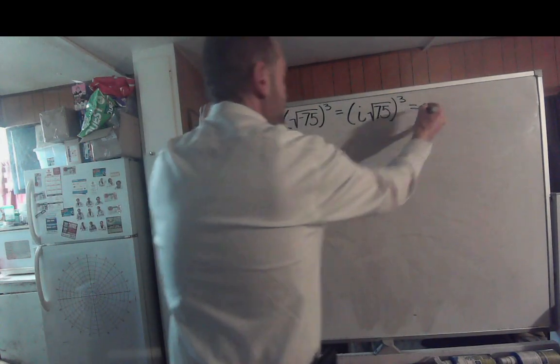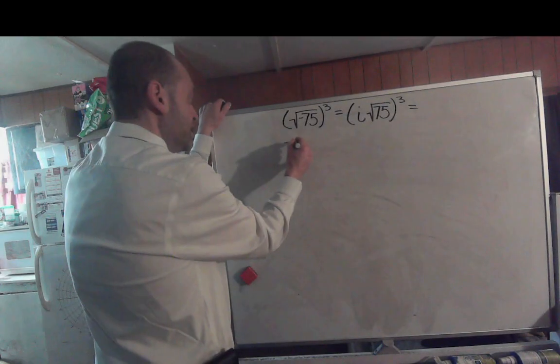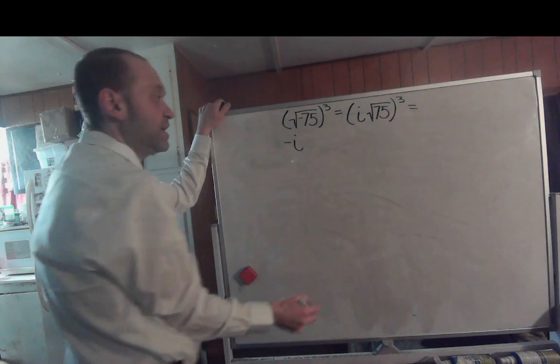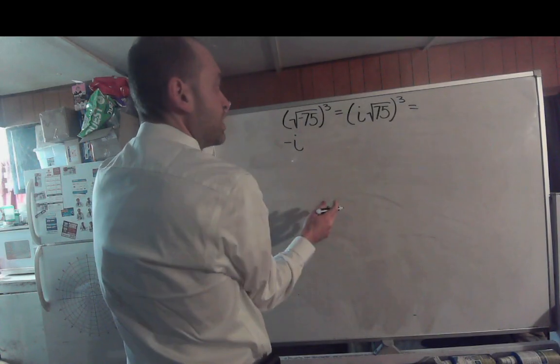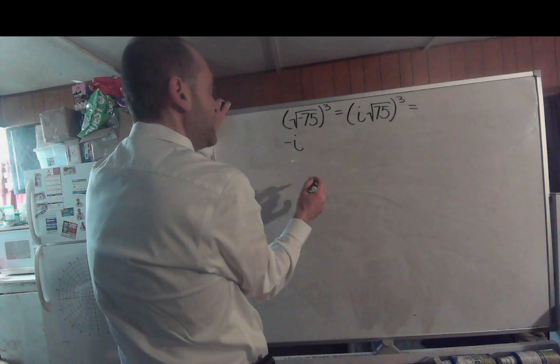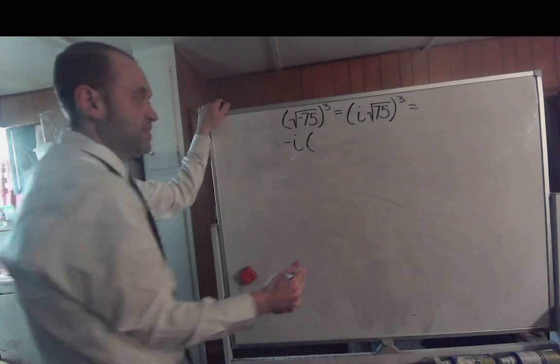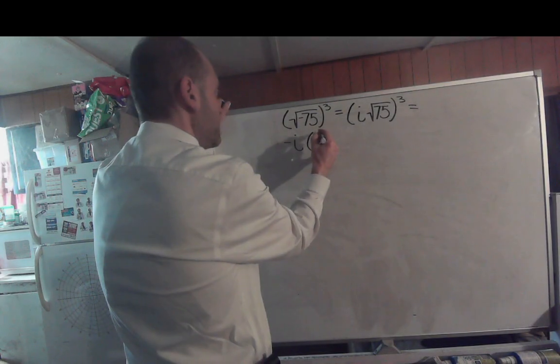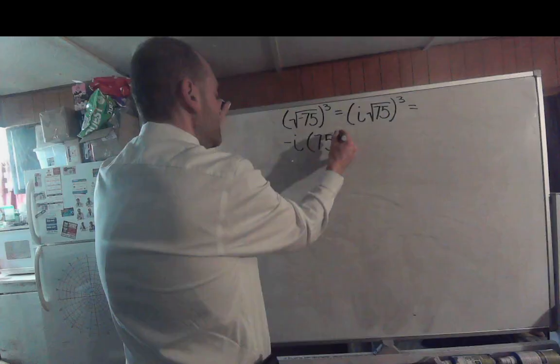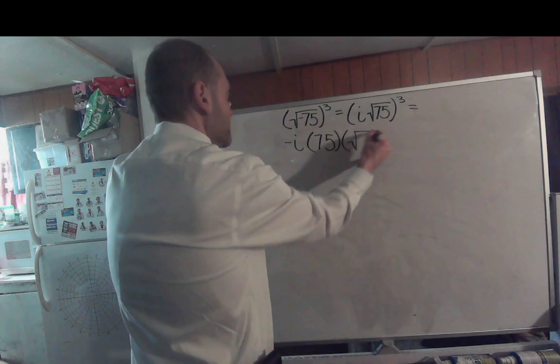Well, what is i to the third power? That's just negative i, so you'd end up getting negative i. Now the square root of 75, let's keep that square root of 75 to the third. Well, that would just end up being 75 times the square root of 75.